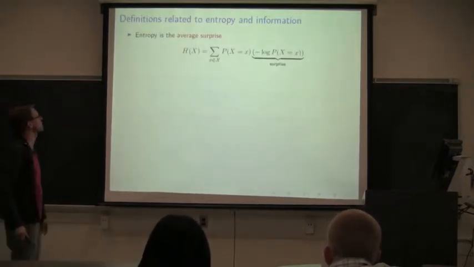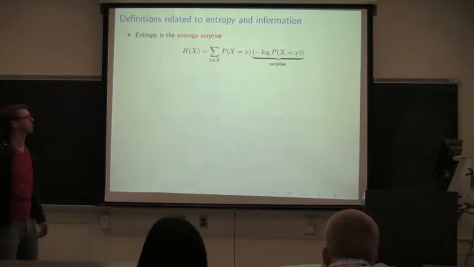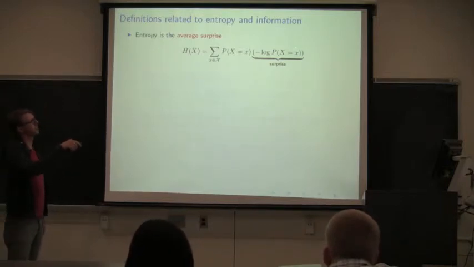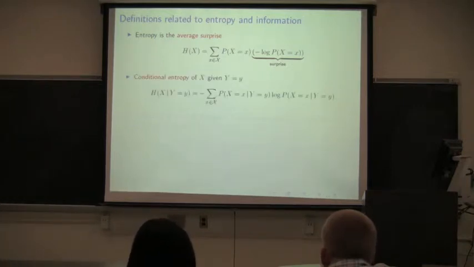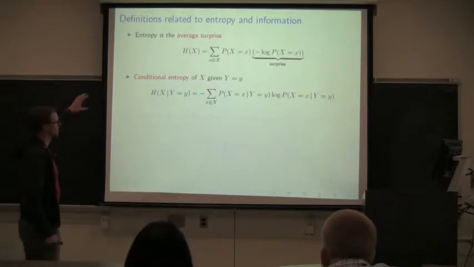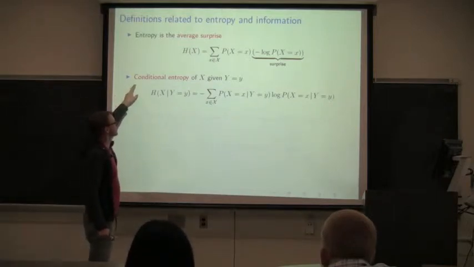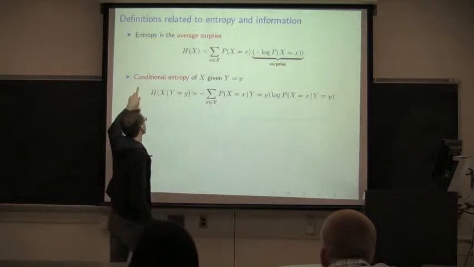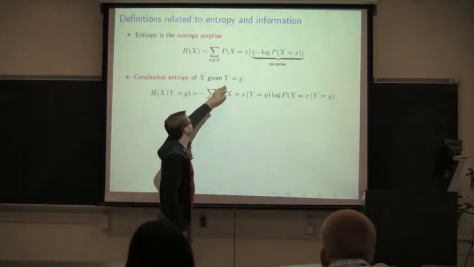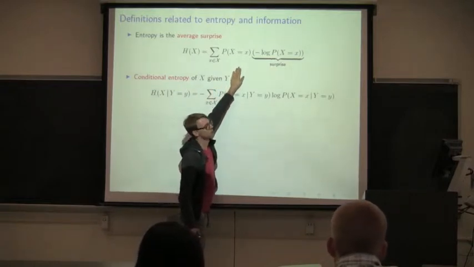Think of entropy as the average surprise of finding out that the value of x is x. And we talked about the conditional entropy. Last time we talked about the conditional entropy of x given the distribution of y.